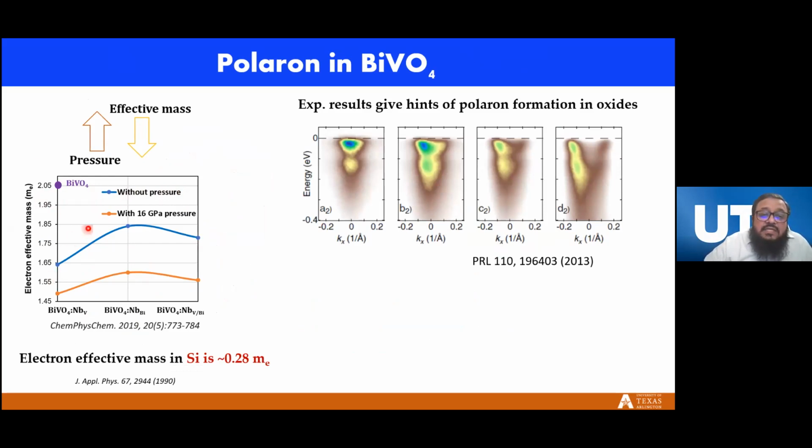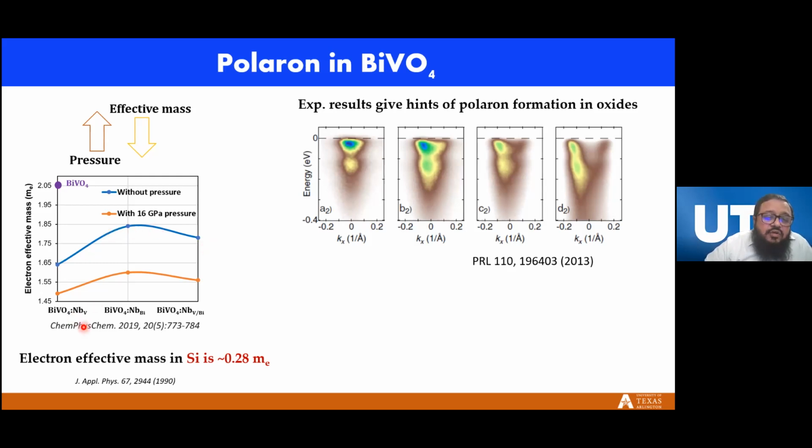Then we started applying hydrostatic pressure to see if pressure has any effect, because we had a collaborator in a national lab who had diamond anvil and high pressure experimentation facilities. For that reason, we calculated the electron effective mass with pressure.